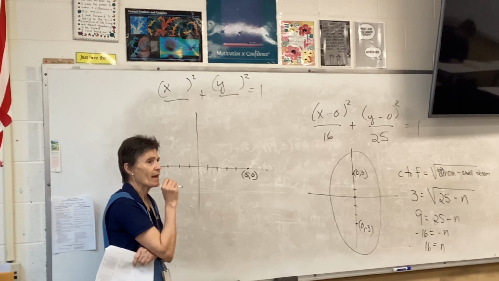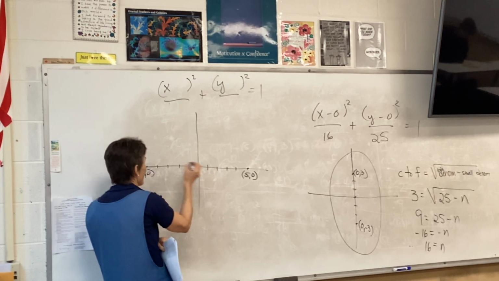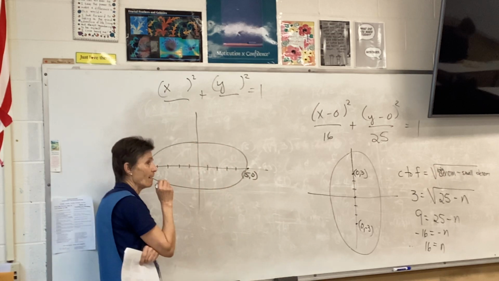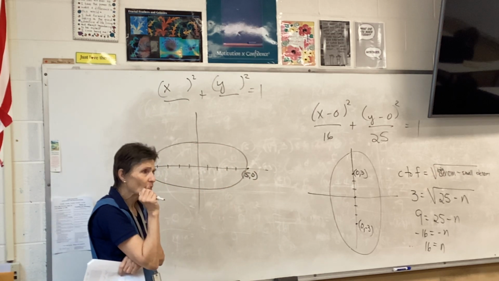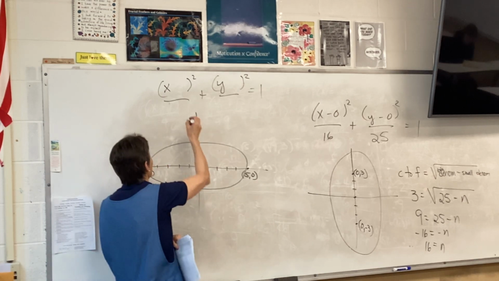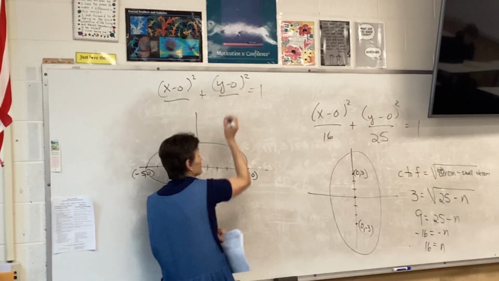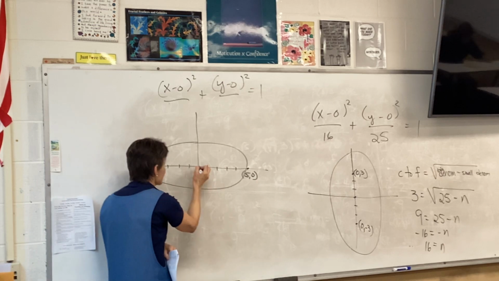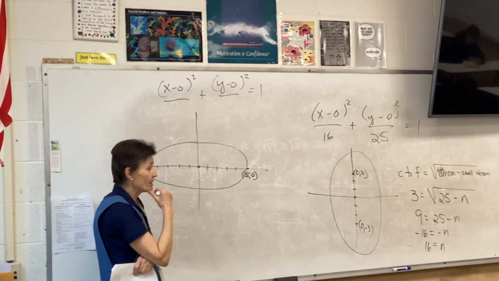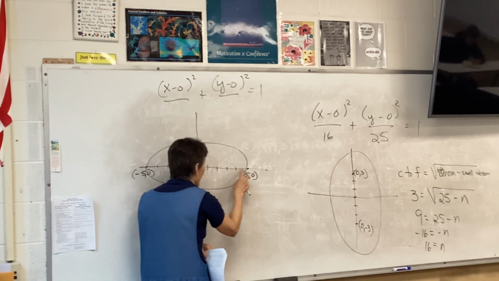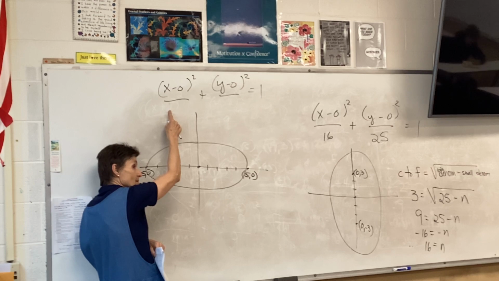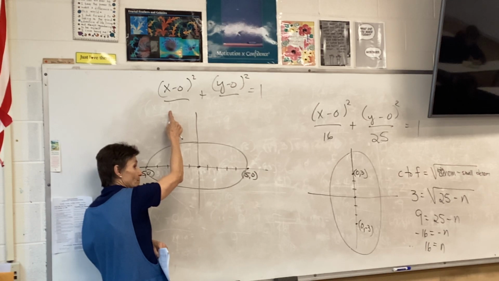If those are the endpoints of the major axis, that means whatever this ellipse looks like, it looks like that. So it tells me the center is the origin again, because isn't the center going to be the midpoint? It also tells me, since I'm going out 5 and back 5, that under the X is 25.